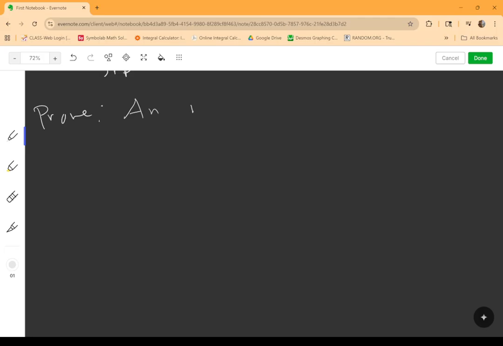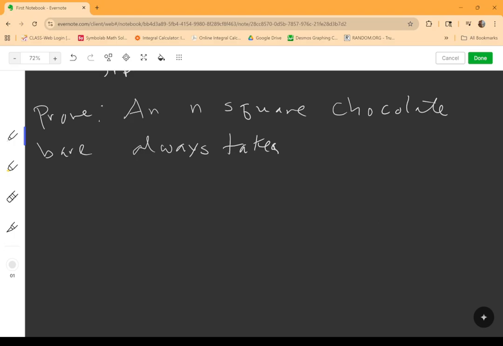Let's say I want to prove an n square chocolate bar always takes exactly n minus 1 breaks to reduce to single squares.